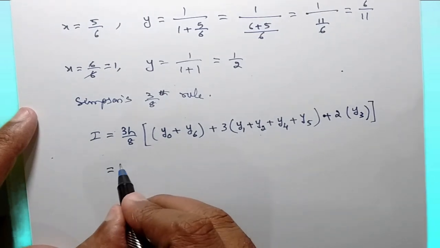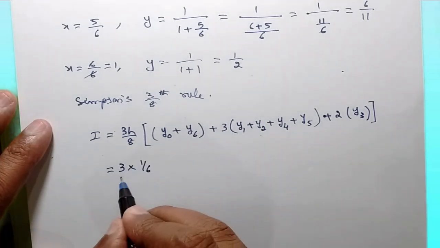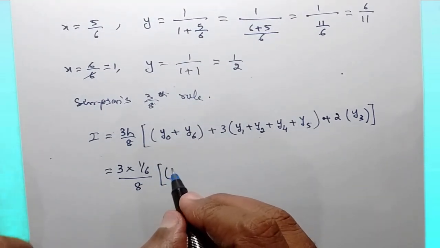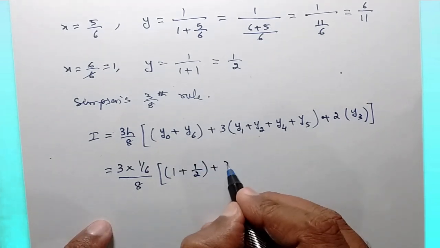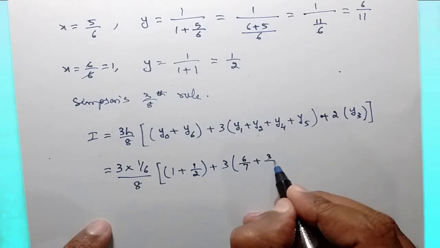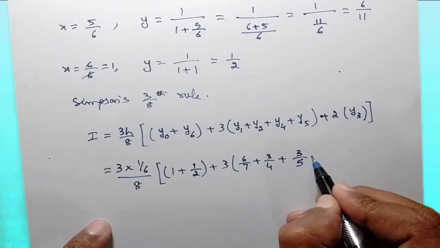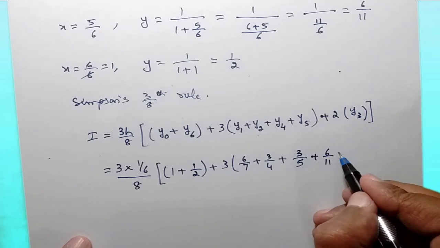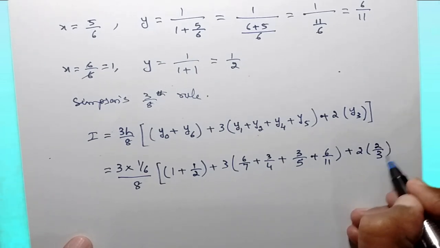Now since you know all the values, you can just plug in. 3 into h value will be 1 by 6. So 1 by 6 whole divided by 8. y0 value is 1 plus y6 value will be 1 by 2 plus 3 into y1 value is 6 by 7, y2 value is 3 by 4, y4 value is 3 by 5, y5 value is 6 by 11 plus 2 times of y3 value is 2 by 3.